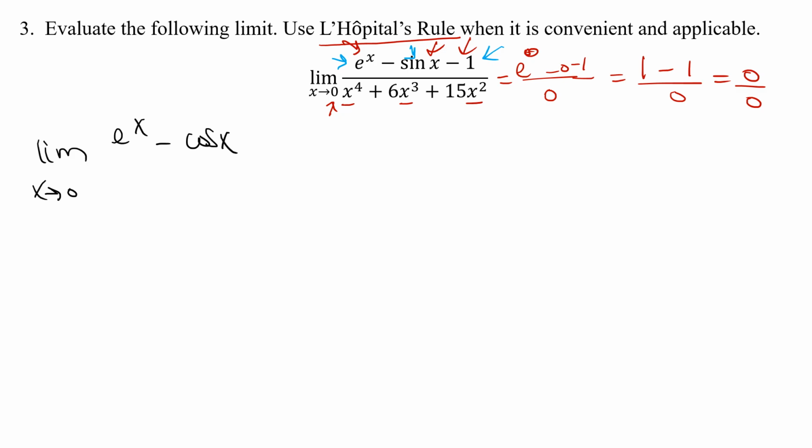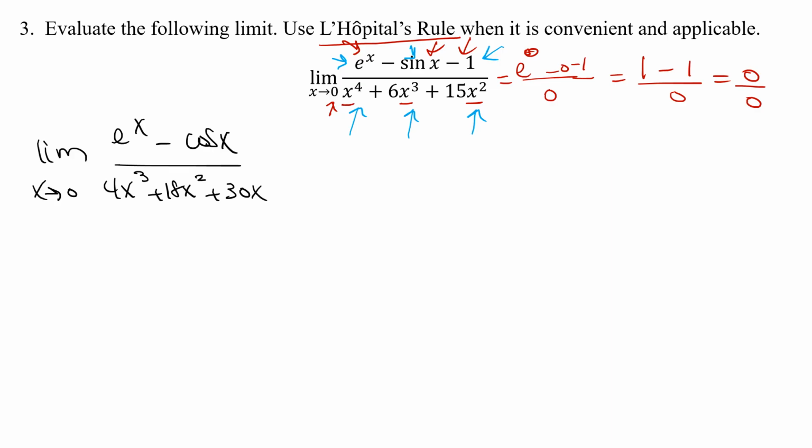So we just have e to the x over e to the x minus cosine x in the numerator. Now let's take the derivative of all of our terms here in the denominator, okay? And so when we do that, we end up getting 4x cubed plus 18x squared plus 30x, okay?